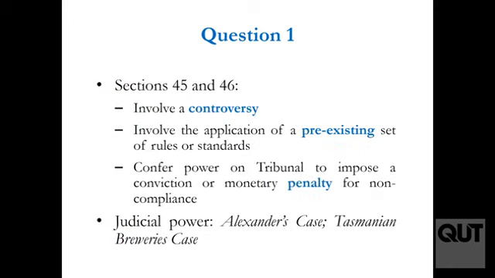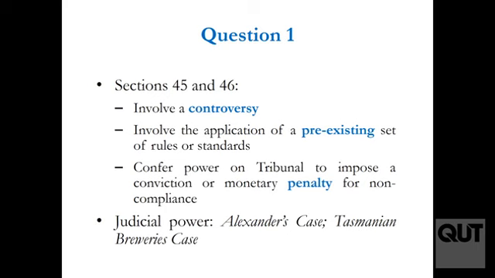So let's work through this, having a look at sections 45 and 46. The facts of the problem tell us that the tribunal is empowered to hear complaints under the provision. So there is nothing on our facts to suggest that the proceedings can be initiated by the tribunal on its own motion or anything like that.